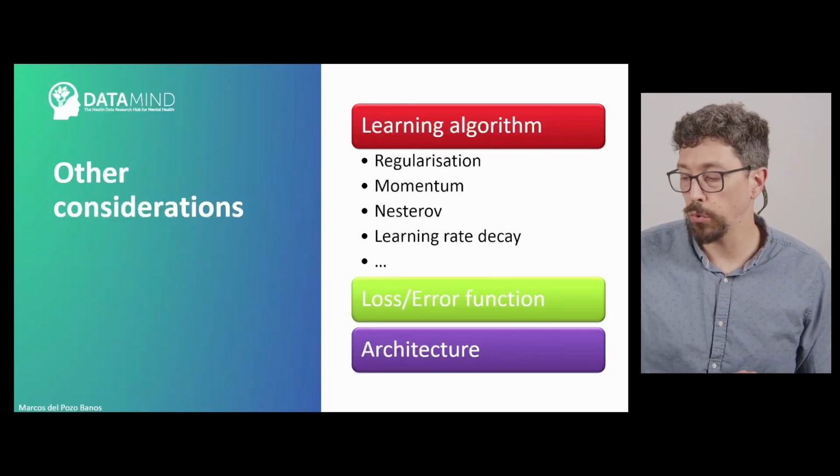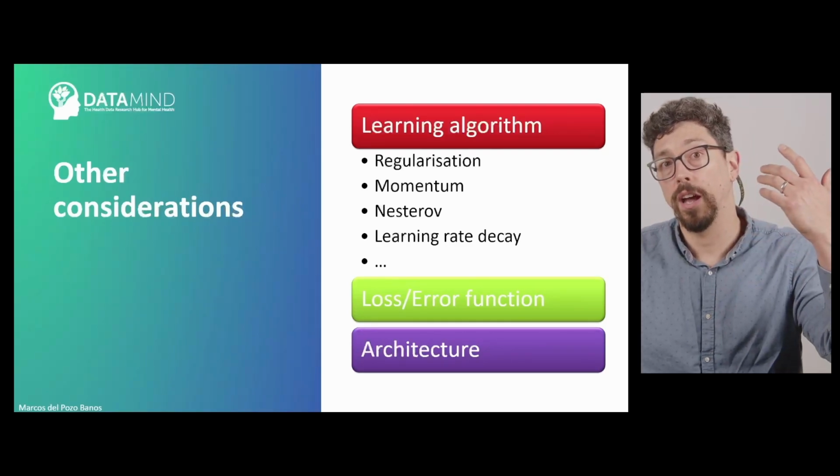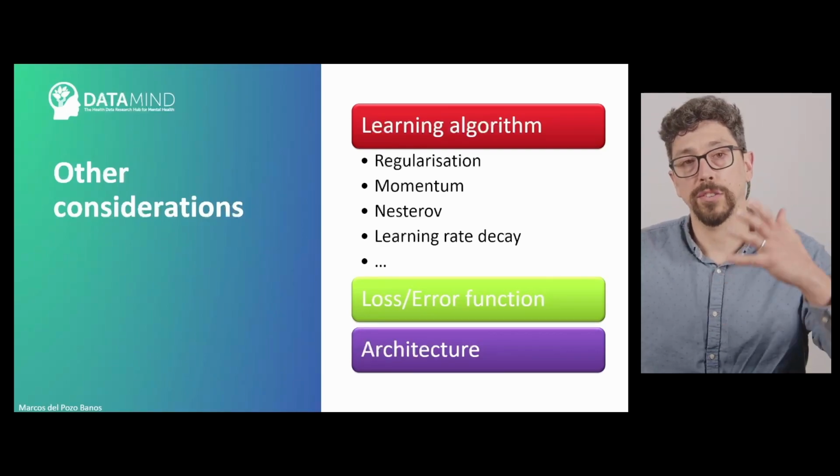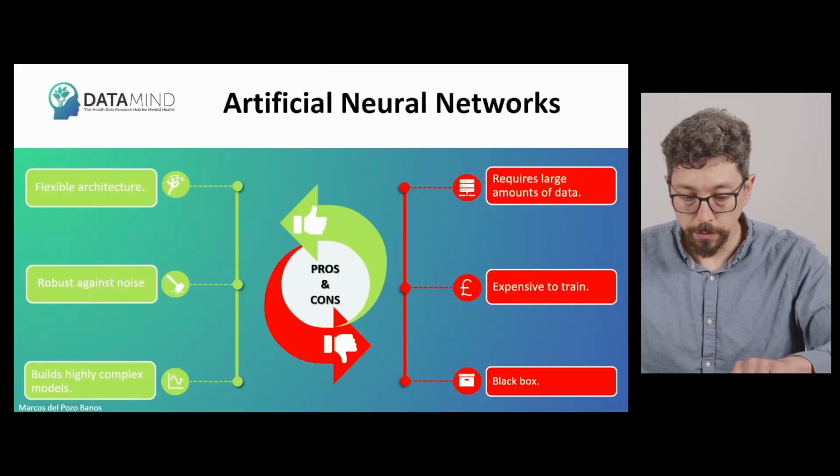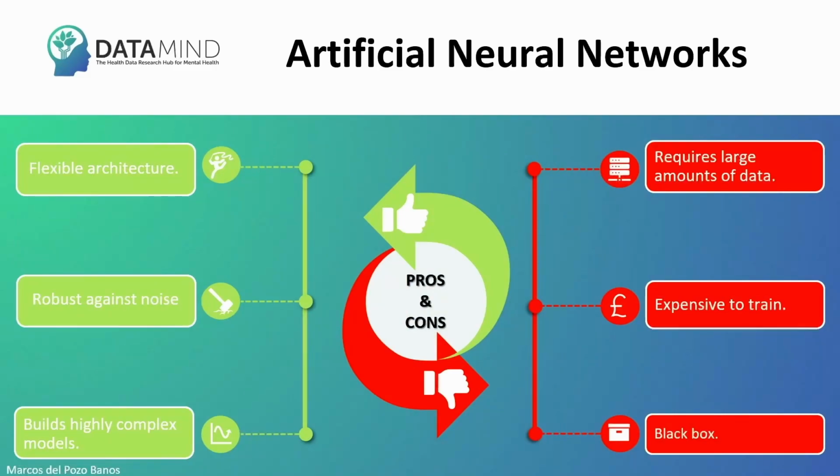There are many different architectures within the field of artificial neural networks. And in fact, that's an advantage of artificial neural networks, which is that it's very flexible. There are many things that we can do within the context of artificial neural networks. And some of these changes are quite profound and will yield very different results.